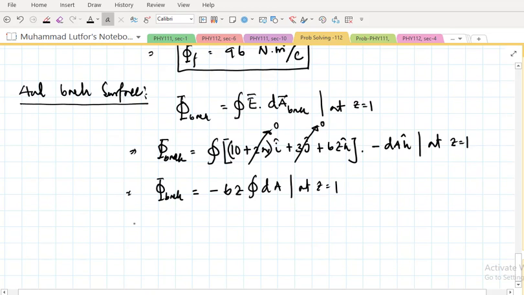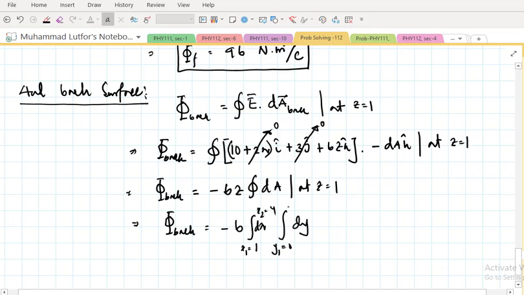Now if I plug in the value of z, phi back would be minus b into the integral of dA, which would be the area, dx from x1 equals 1 to x2 equals 4, and dy from y1 to y2, 0 to 1.